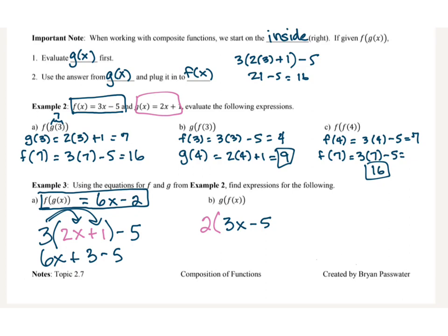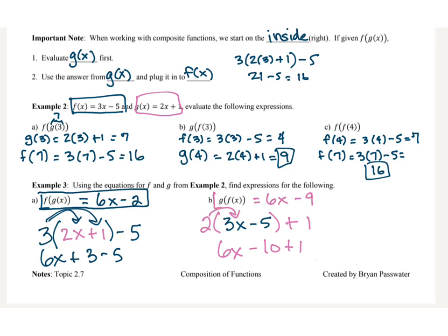Then close parentheses and finish writing g, which has a plus 1 on the end. So I've got 6x minus 10 plus 1. g of f of x must equal 6x minus 9.